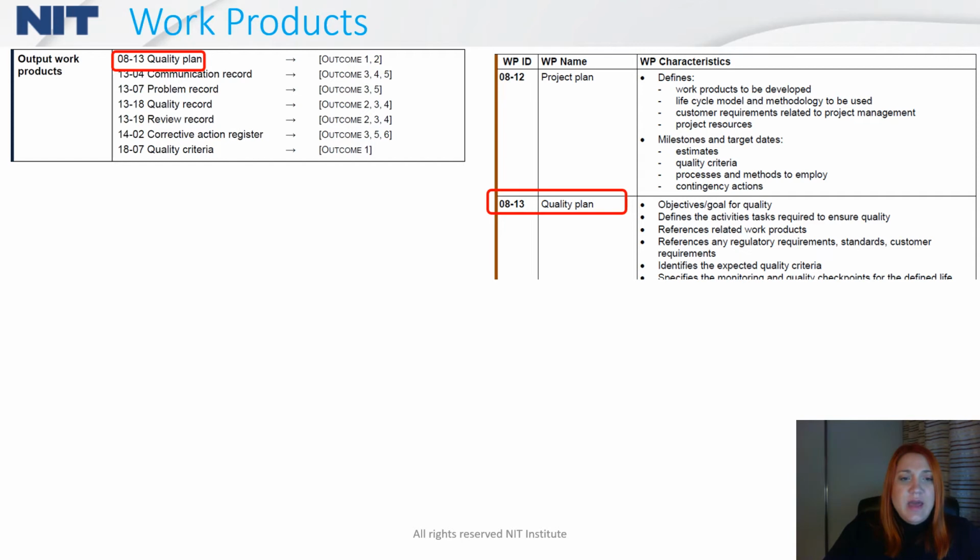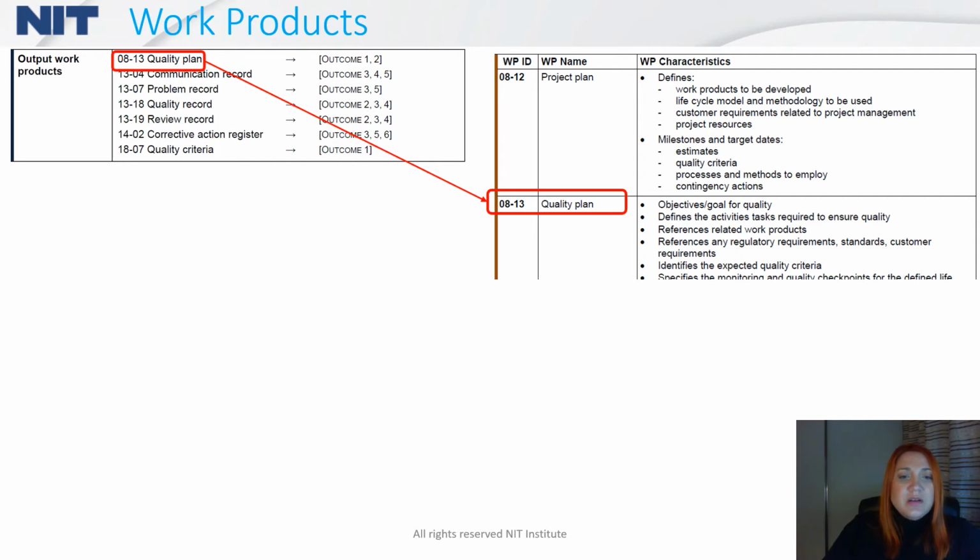For example, this extraction from the quality assurance process, which I marked here as a quality plan, is also listed there, and all the characteristics of that quality plan are described in detail in the work product characteristics.